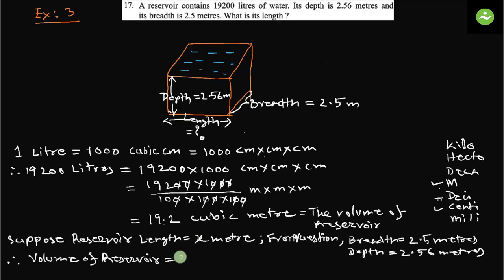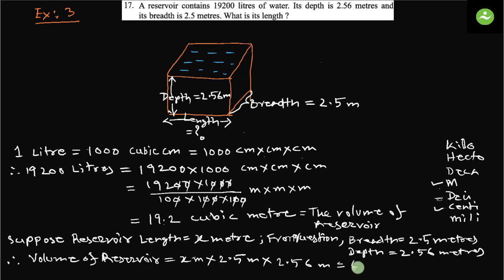So length is x meter into breadth 2.5 meter multiplied by depth 2.56 meters. 2.5 into 2.56 equals 6.4.